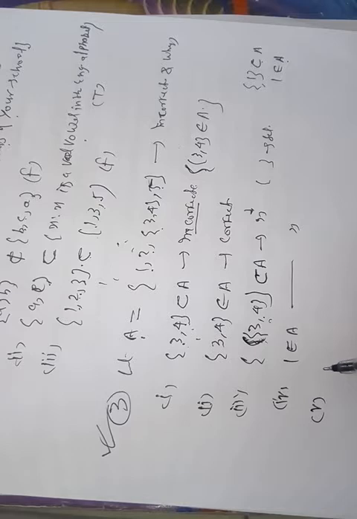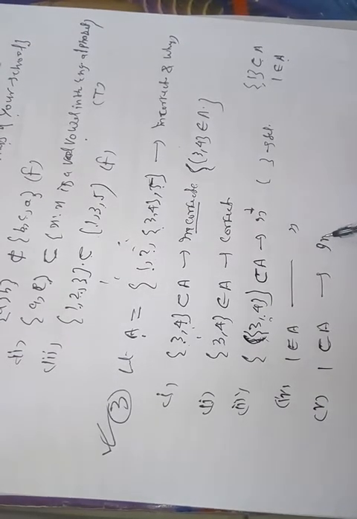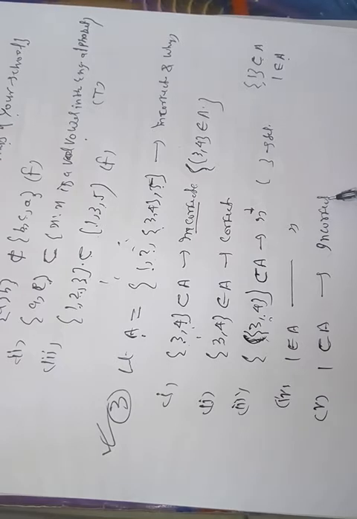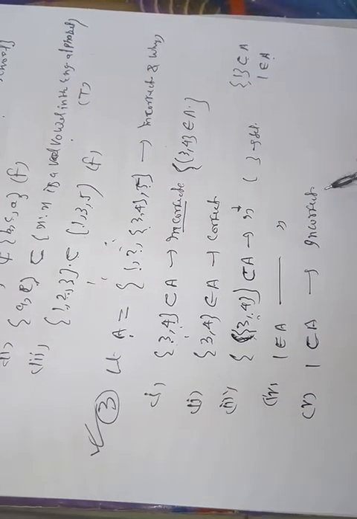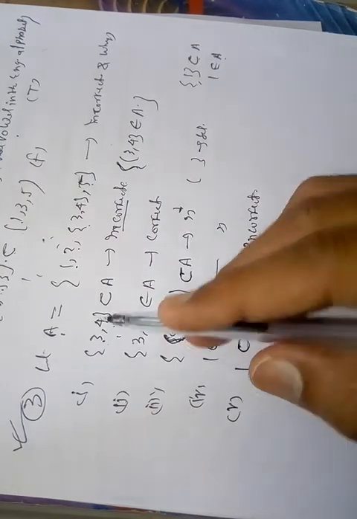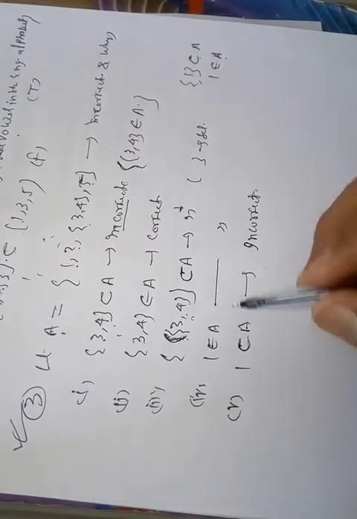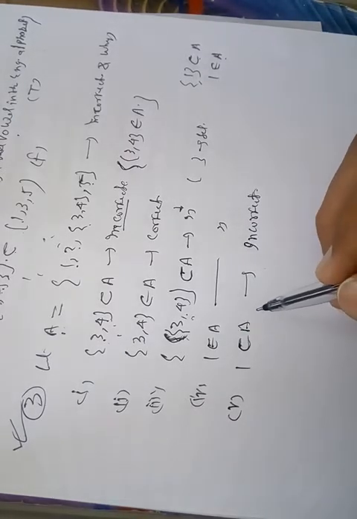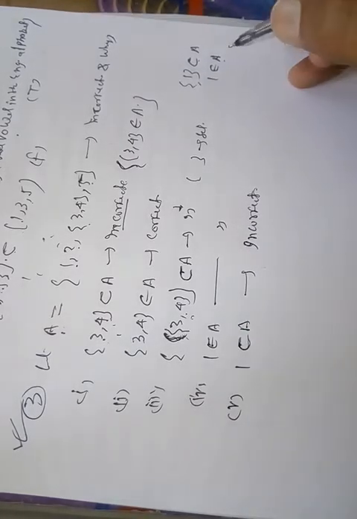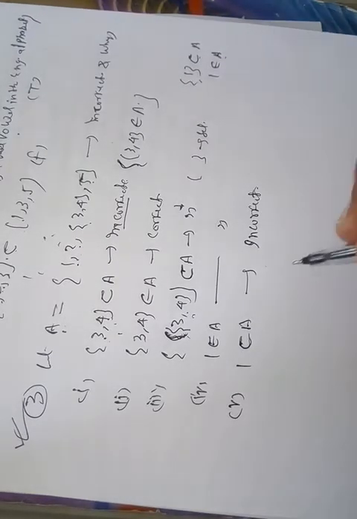And fifth, 1 is a subset of A, incorrect. Clear? 1 is not a subset, 1 is an element of A. This is also a belongs, 1 belongs, not a subset. But in set form, this is also a subset.